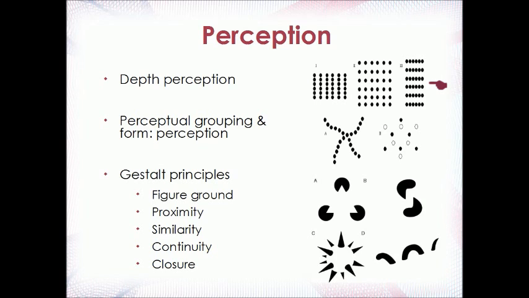But the one on the right, they are horizontal. You see horizontal lines of dots because the horizontal ones are closer together. In the middle one, you may see little squares or whatever. There's no real closeness. We have a perceptual tendency to group things together based on how close they are in space.